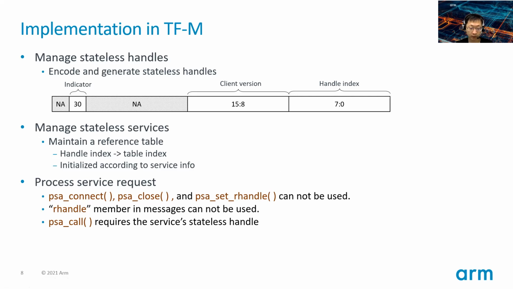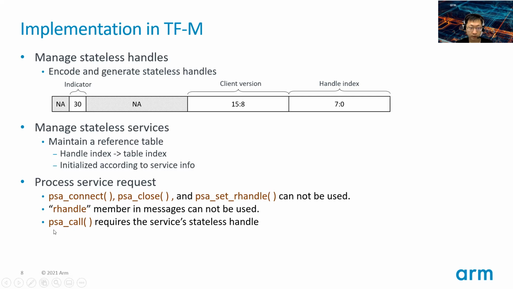Thirdly, TF-M makes some changes to the existing PSA APIs. TF-M disables PSA connect, PSA close, and PSA set rhandle for the stateless service. And the handle feature in the message is also unavailable, because the handle is used for recording the session state, and stateless services do not have sessions.